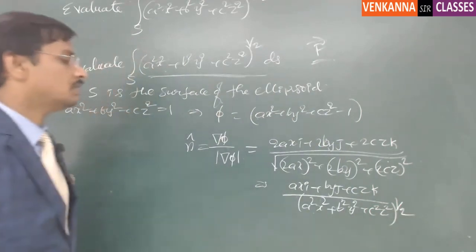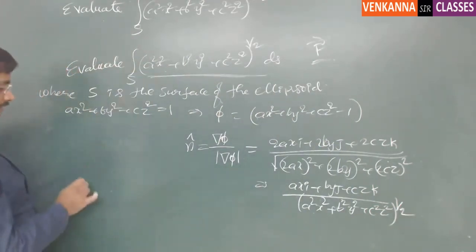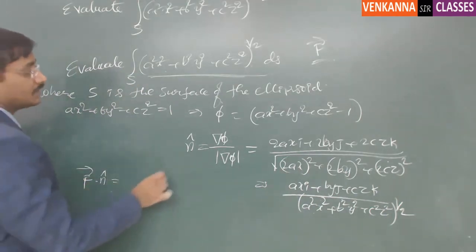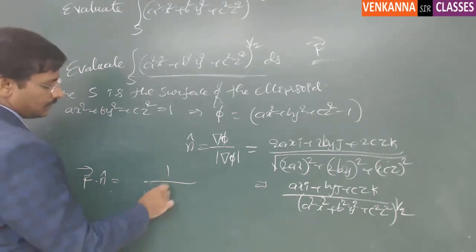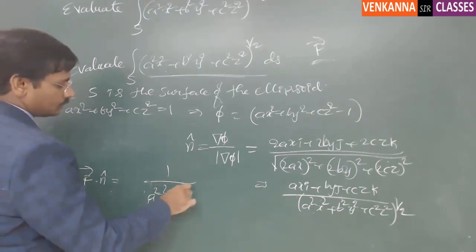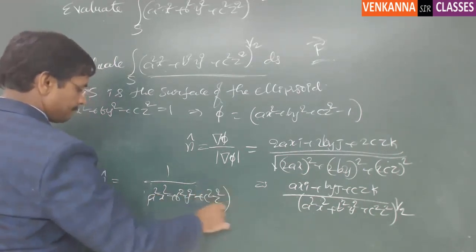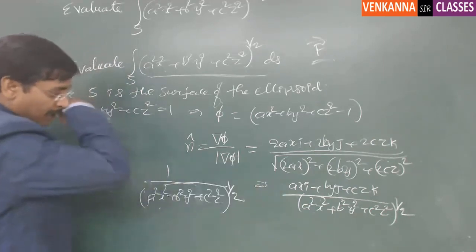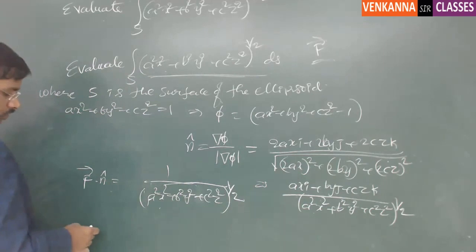So this is how the n cap came in. Now what he has given is F dot n cap, straight away as 1 by the square root of a²x² + b²y² + c²z², which is the denominator part of it.